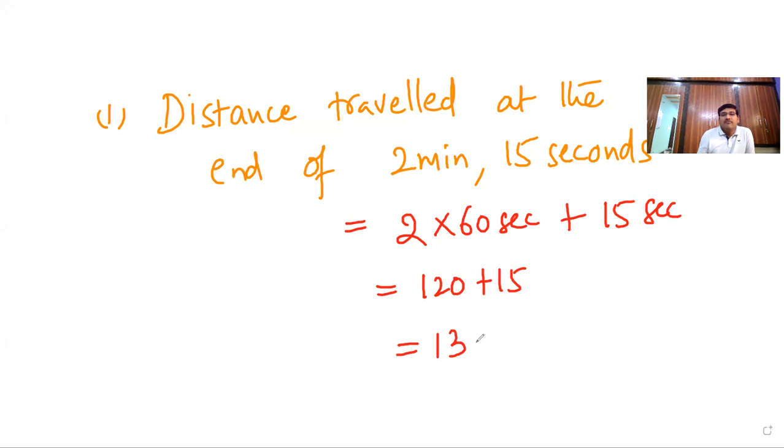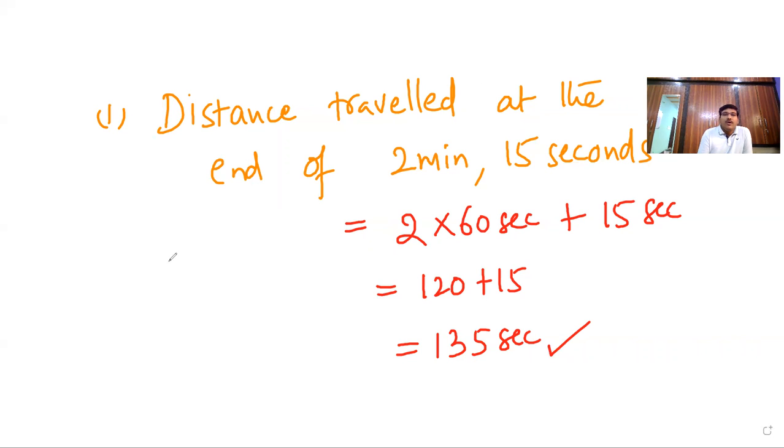So the total is 135 seconds. That means I am converting the time from minutes into seconds: 120 plus 15, total 135 seconds. So the question asks at the end of 135 seconds.